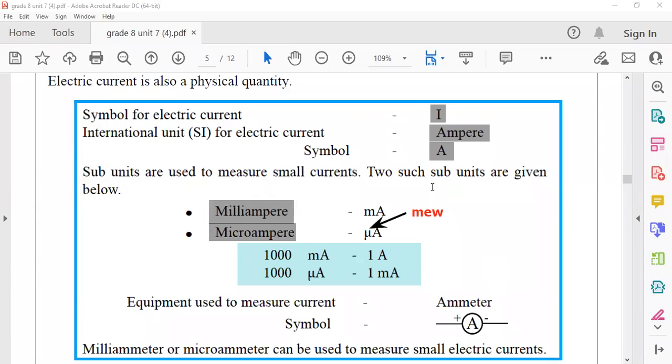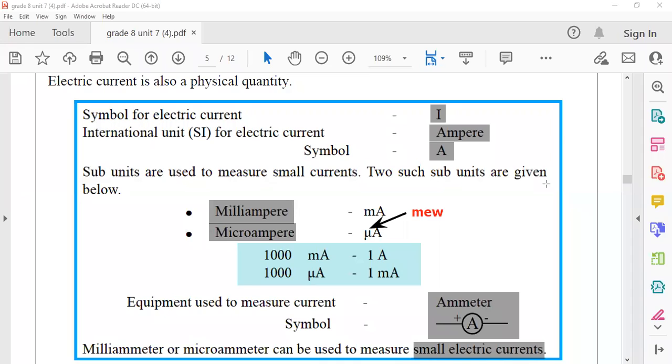This is the symbol of ammeter. Milliammeter and microammeter are used to measure what type of current? Small electric current.